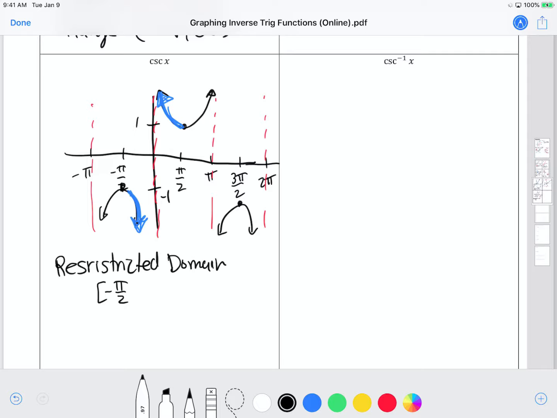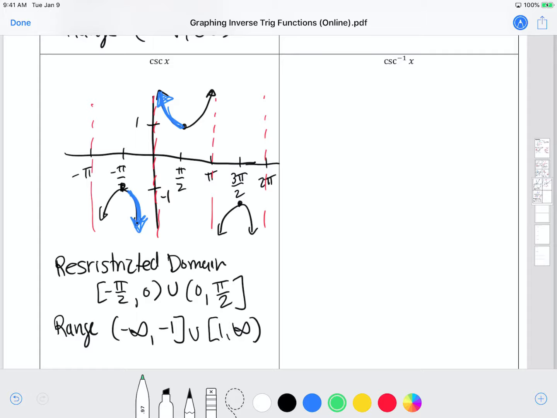But we can't write it down as one complete interval because there is an asymptote at 0 in there. So we're going to write it from minus pi over 2 to 0, union, we're going to skip over 0 and then go from 0 to pi over 2. And then, of course, the range is from minus infinity up to negative 1, union, and then 1 to positive infinity, because we have this blank space where there are no points between 1 and negative 1.